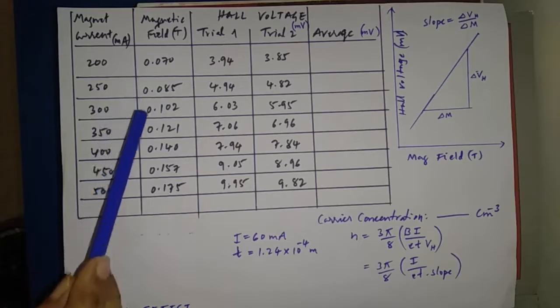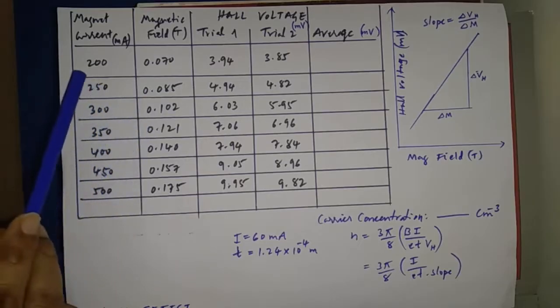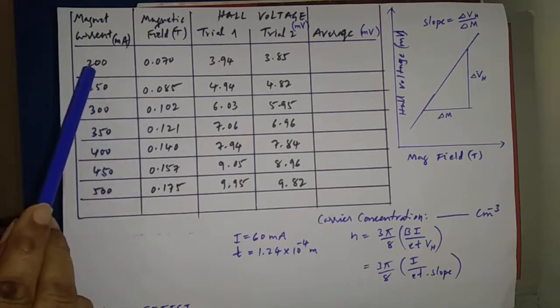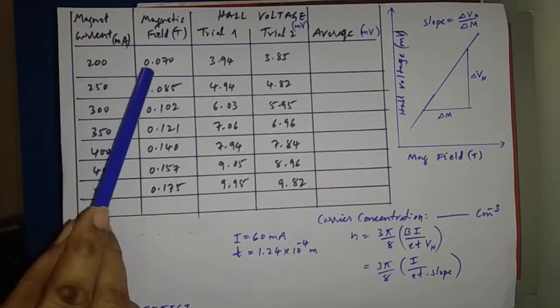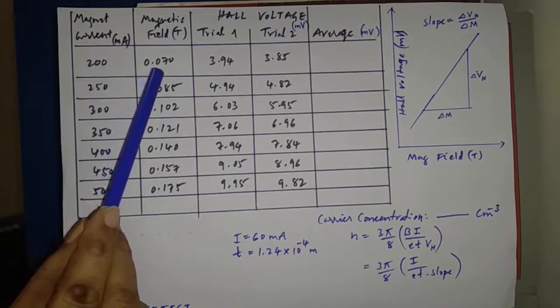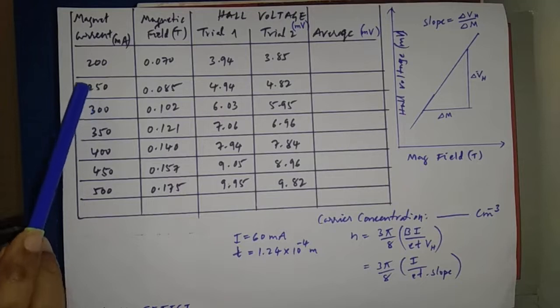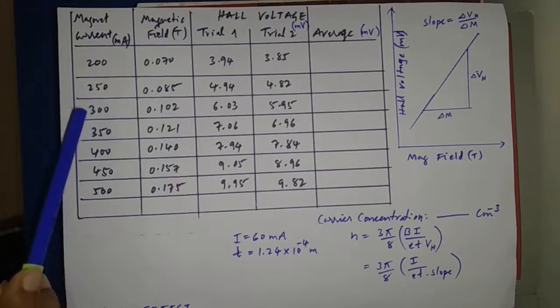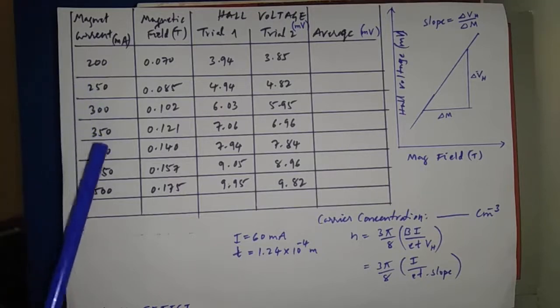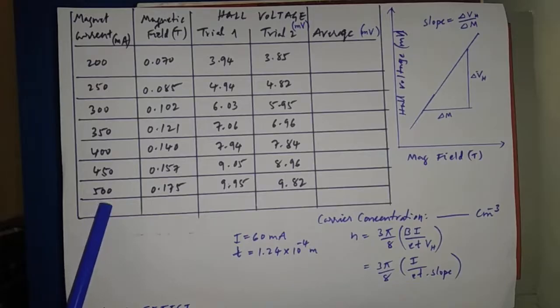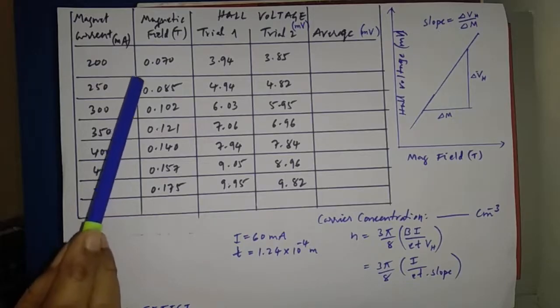And this is the calibration chart. If we pass a current of 200 milliamps through the electromagnet, it gives a magnetic field of 0.07 Tesla. So we vary the current in steps of 50 milliamps, 200, 250, 300, 350 up to 500 milliamps, and the corresponding magnetic field is given in the calibration chart.